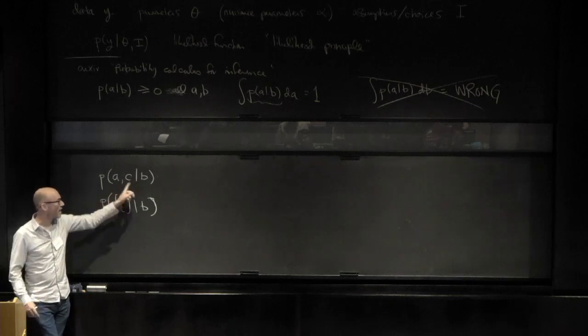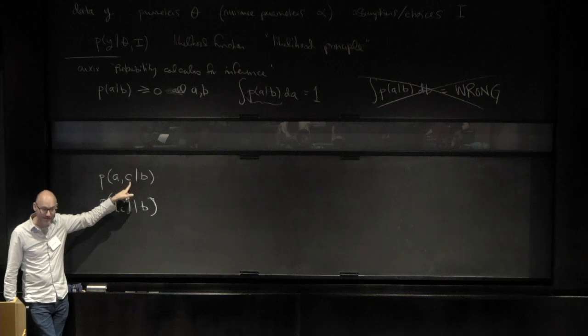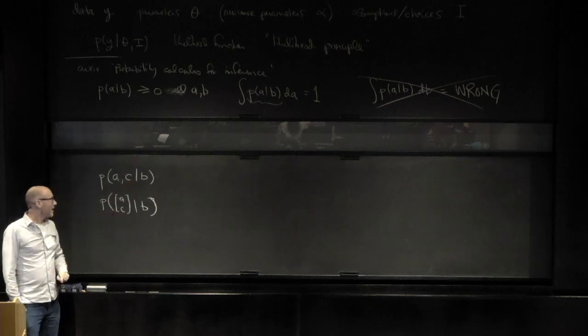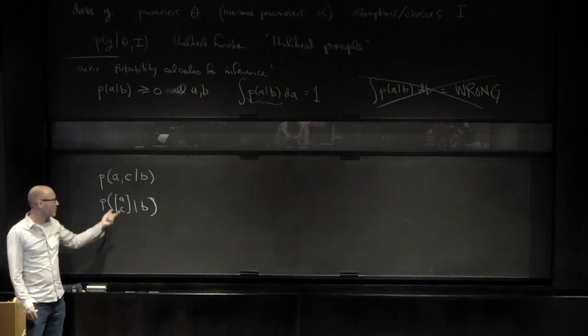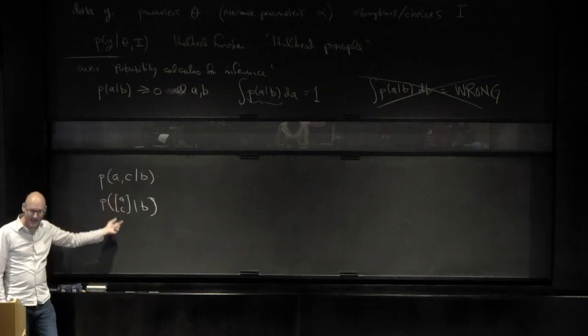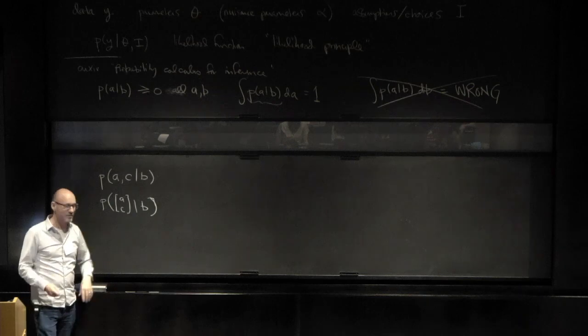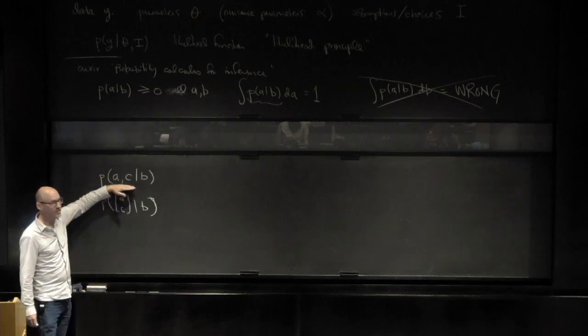To integrate to 1, I'm going to have to integrate over both of these things. So you can think of A and C as being one object now. There are different ways to think about it, but I want to do a particular integral on this.